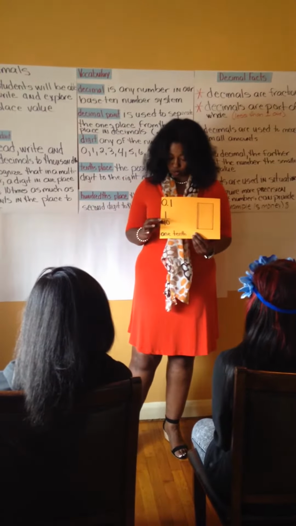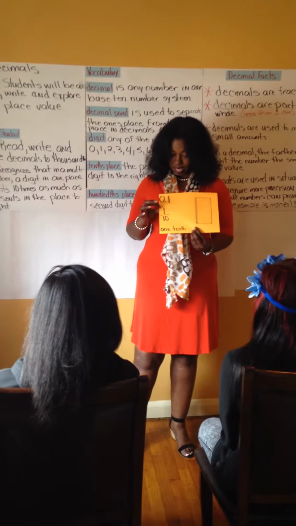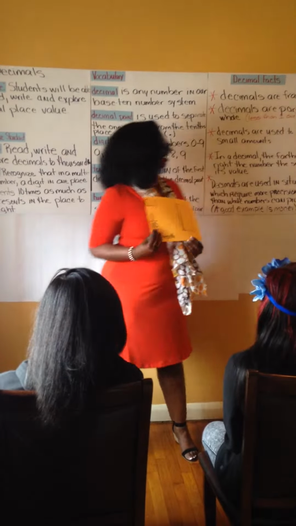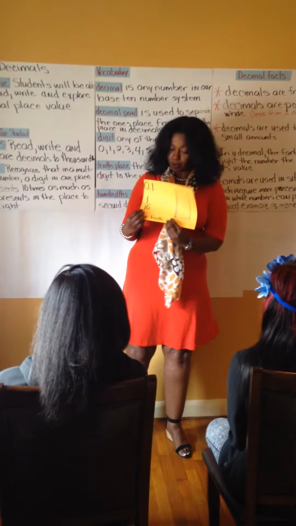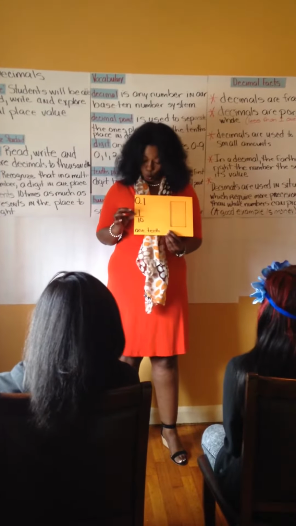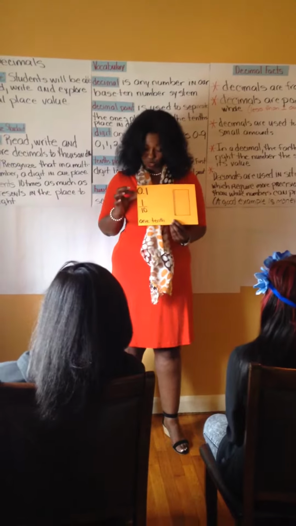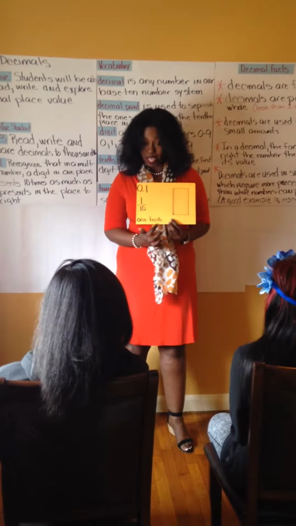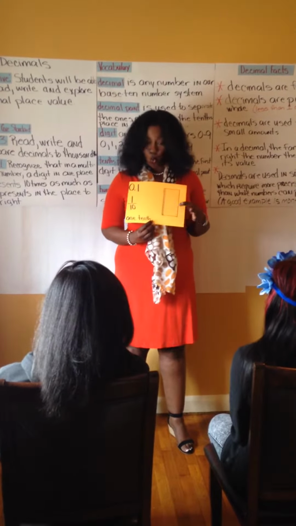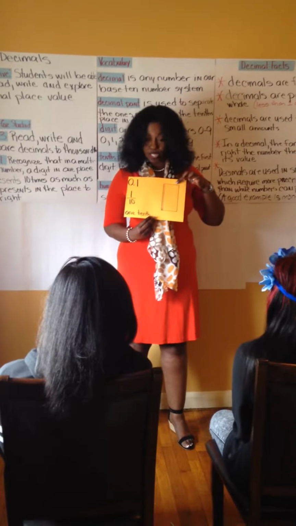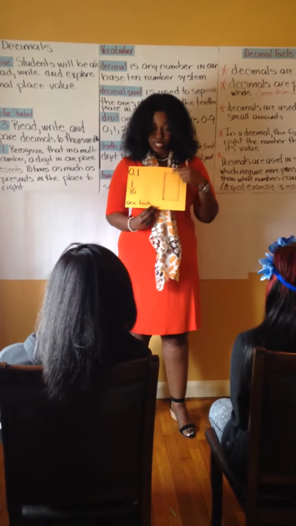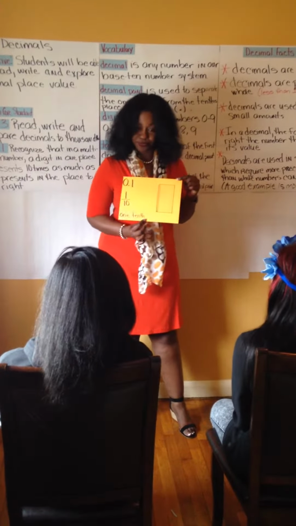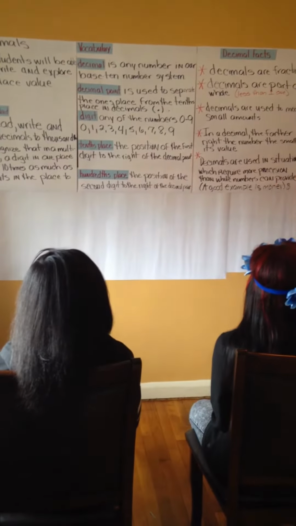And remember we also talked about that decimals are according to our base 10 number system. So, in this example, we know 1 over 10 is 1/10. Remember that one whole we had earlier? Now it's broken into 10 equal parts. One shaded is 1/10 of that whole. All right, y'all did a good job.